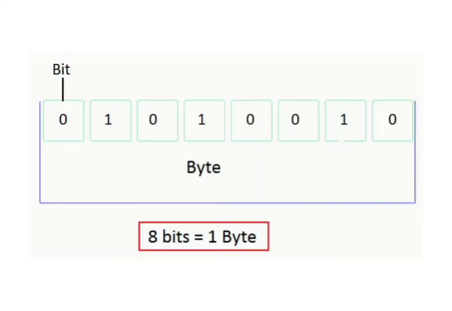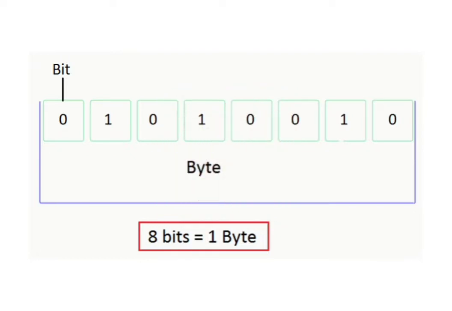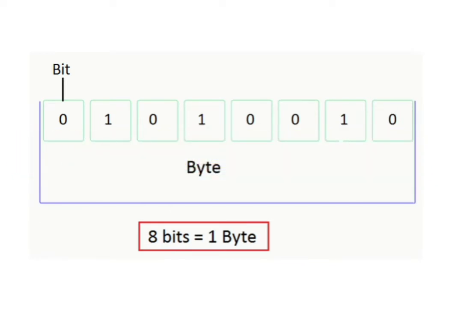The on state is represented by 1 and the off state is represented by 0. Bit is the unit of storage of any data. It consists of either 1 or 0. 1 corresponds to the on state and 0 corresponds to the off state.